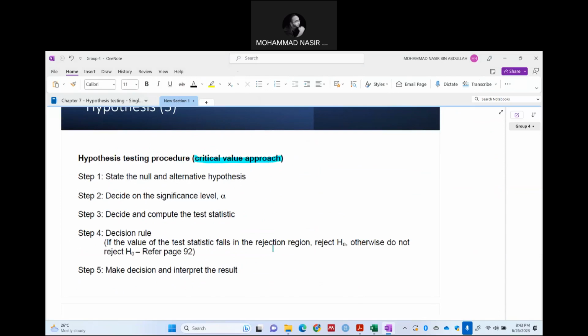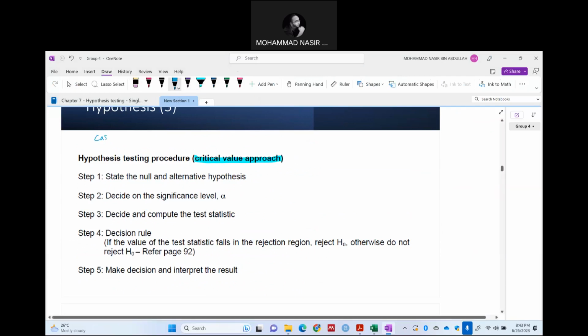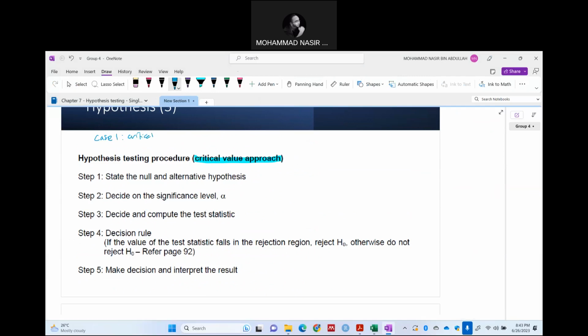So let's say case number one. This is case one, where we are using the critical value approach.